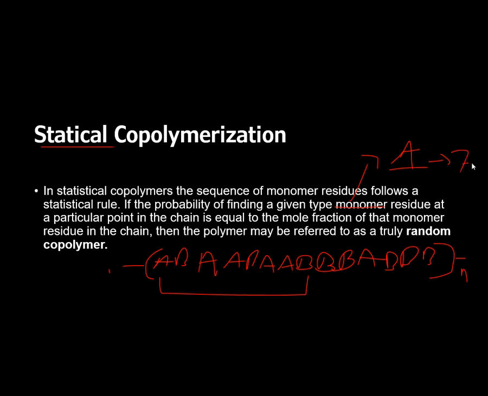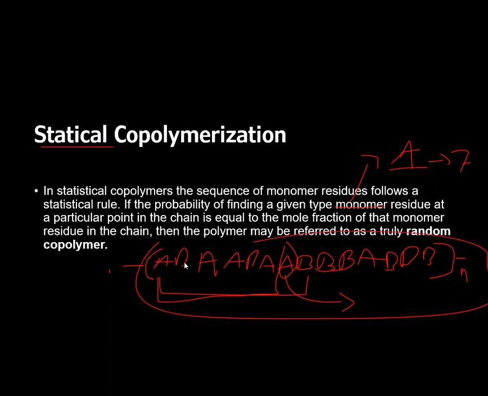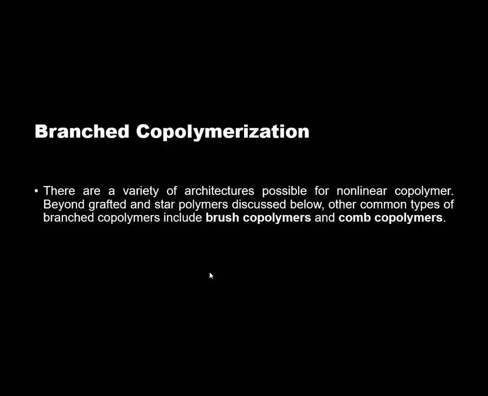Let's consider it as 7. So if monomer A is present in the seventh place of this polymer, then this A is considered truly random. Not only this A, but the whole thing is referred to as a truly random copolymer.